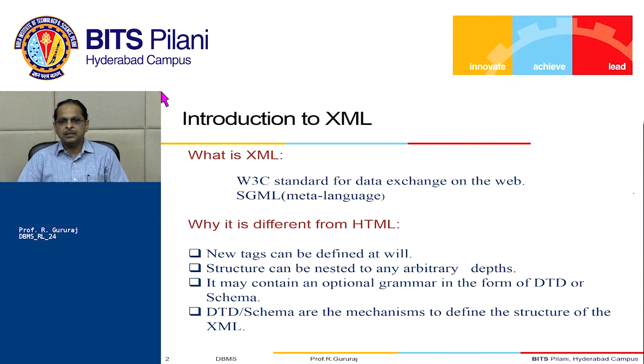In a broader sense, both of these look alike because both documents have some tags and some content. But there exists a large difference between XML and HTML. All of us know what is HTML. Whatever content you have in the document, if you want to specify the format or presentation details, then you can use HTML tags.